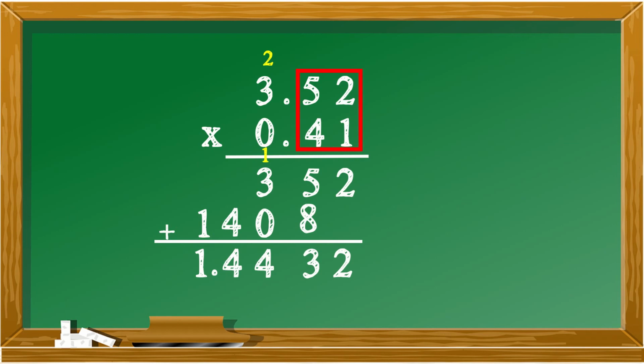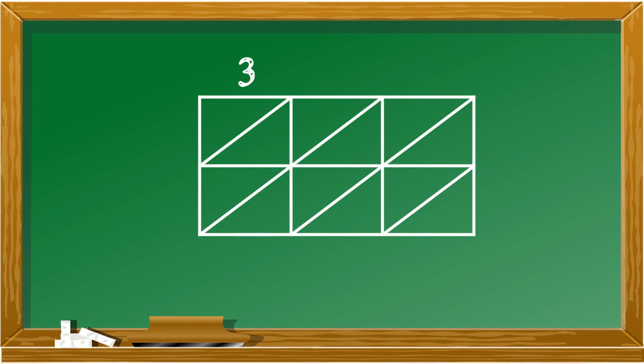So we have 3 digits multiplicand and 2 digits multiplier. So we will draw 3 boxes horizontally and 2 boxes vertically, and then put all the digits on the top, and then the decimal point exactly aligned with the vertical line, and then the multiplier.